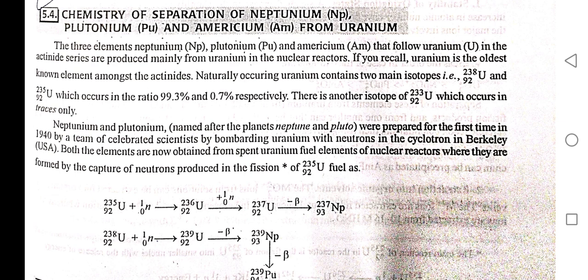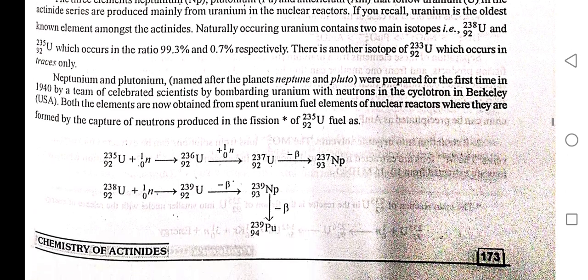Naturally occurring uranium contains two main isotopes, 238U92 and 235U92, which occur in the ratio 99.3% and 0.7% respectively. There is another isotope, 233U92, which occurs in trace amounts only.